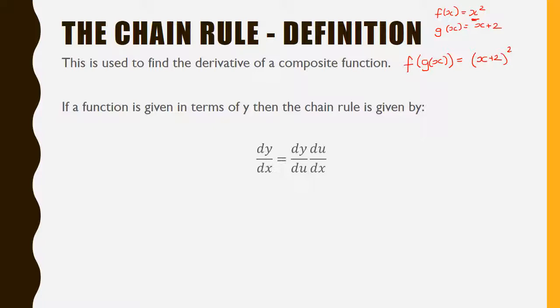Now obviously in this particular case, one way to differentiate this would be to expand our rule. So if we were differentiating this conventionally, when you were in Methods Units 1 and 2, you would expand this function to give us x squared plus 4x plus 4, expanding a perfect square.